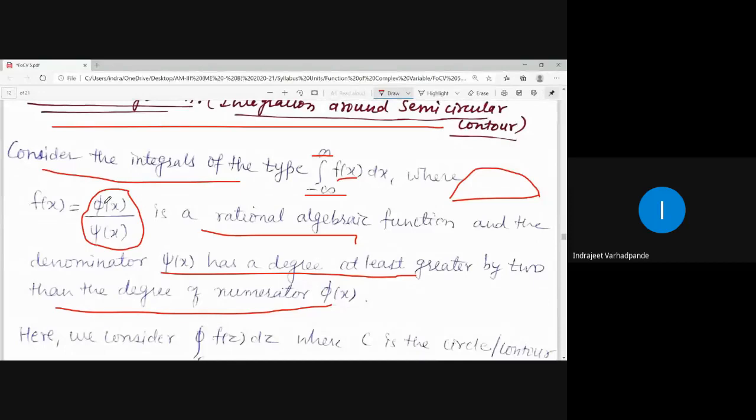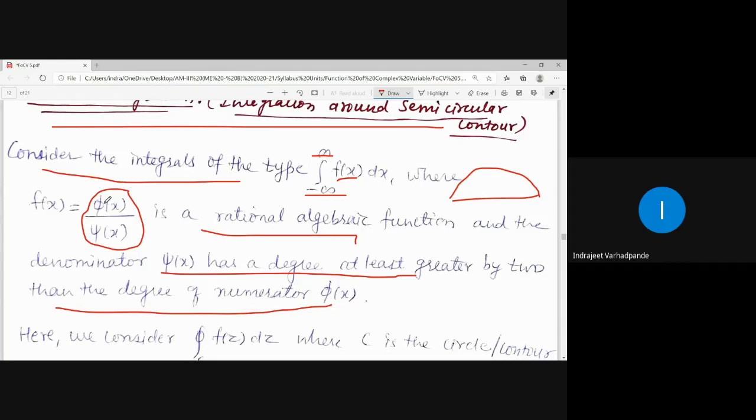So here the degree of numerator will be less than the degree of denominator by at least 2. For partial fractions it is only expected that the degree of numerator should be less than the degree of denominator, but here the condition is that it should be less by at least 2, in other words the degree of denominator should be greater by 2 than the numerator.